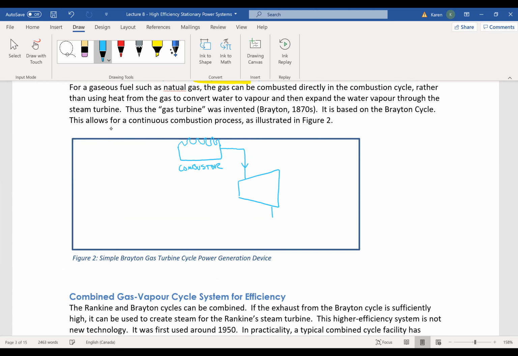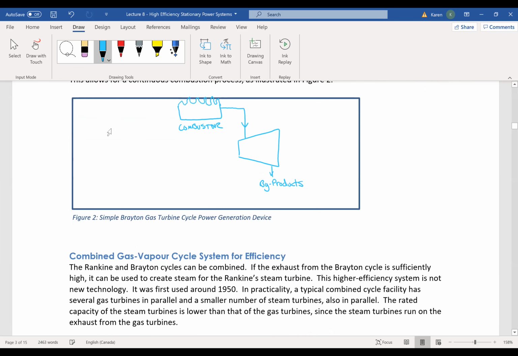And out of that gas turbine, there's going to be byproducts. Those byproducts actually came from the combustion process. The purpose of this turbine is to drive this shaft, and this shaft in turn can be attached to a compressor.